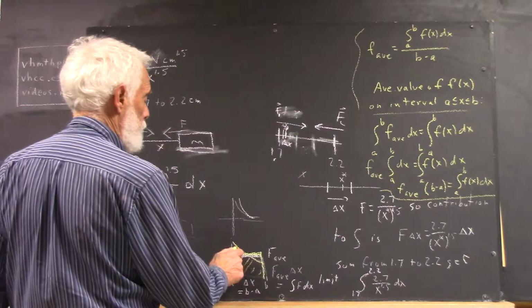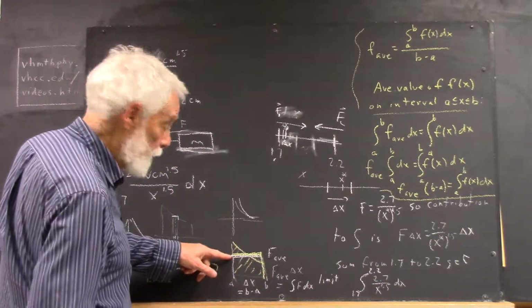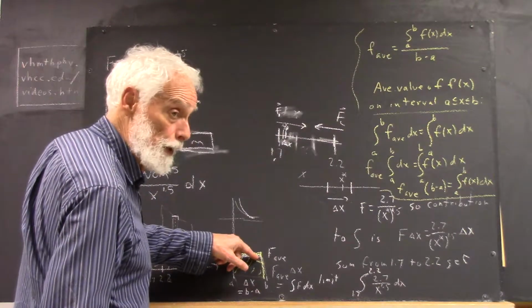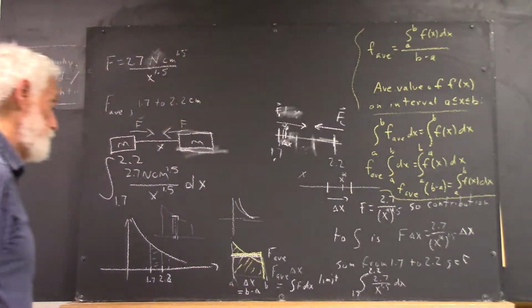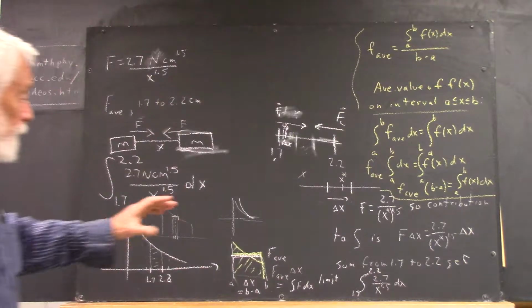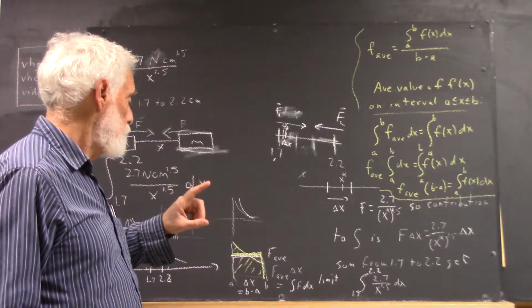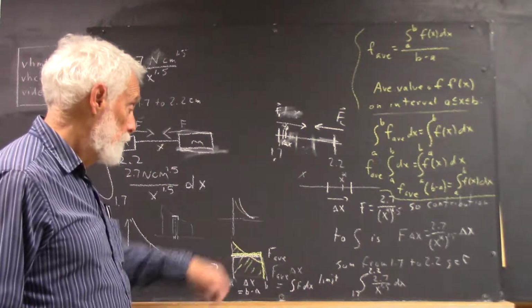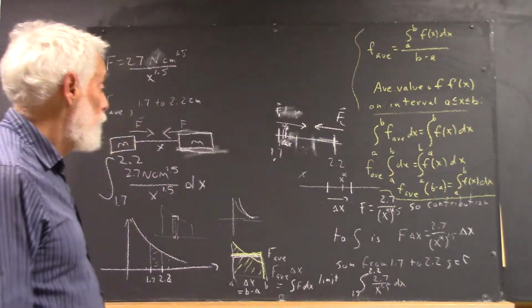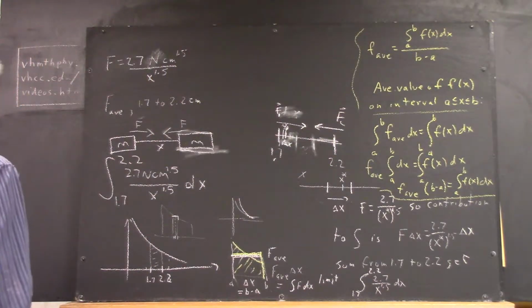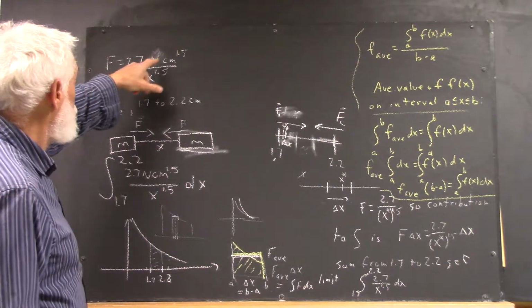So that the area under the curve that's not under the rectangle is equal to the area under the rectangle that's not under the curve. That's a useful picture regarding f average.